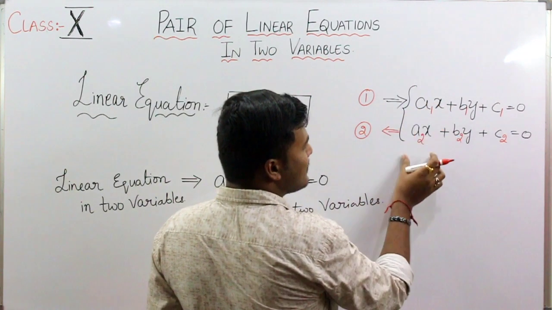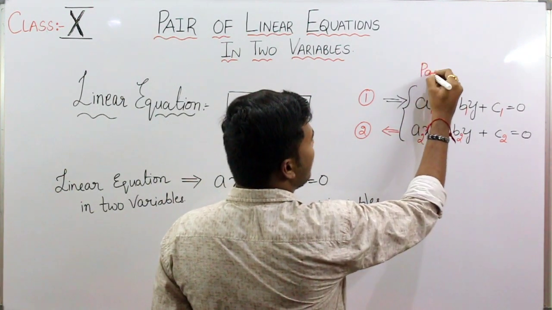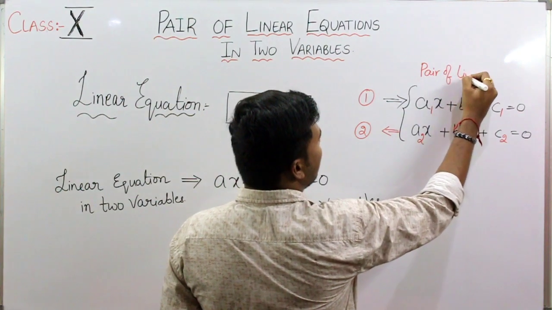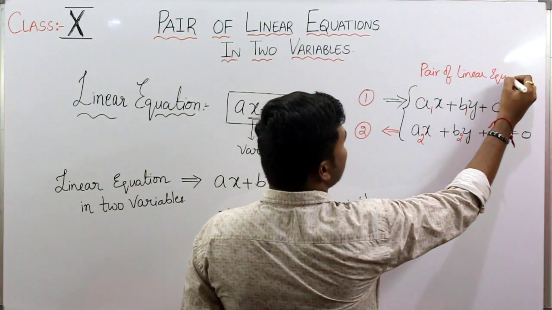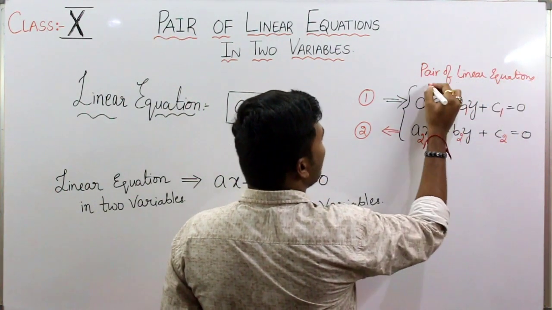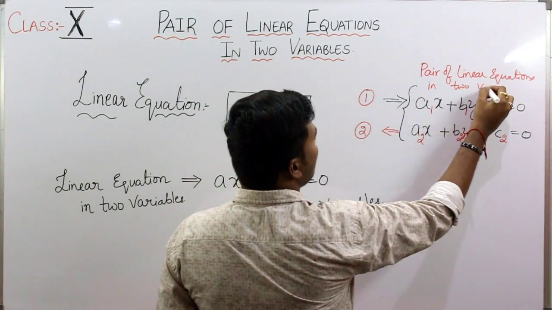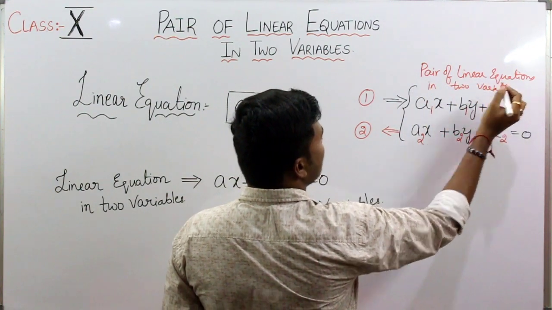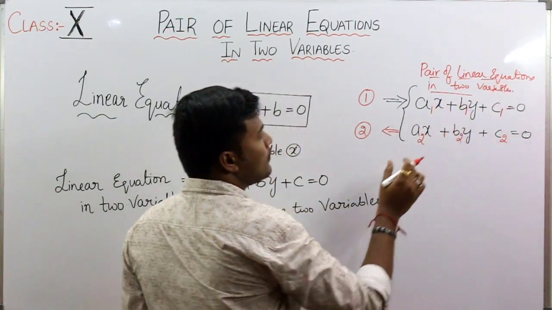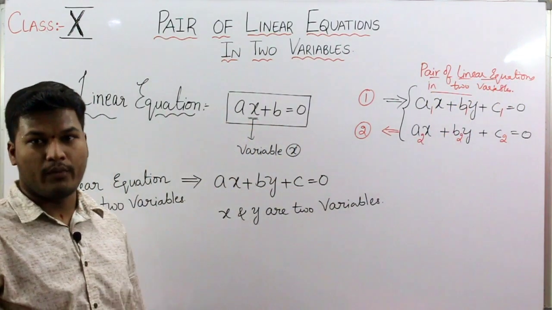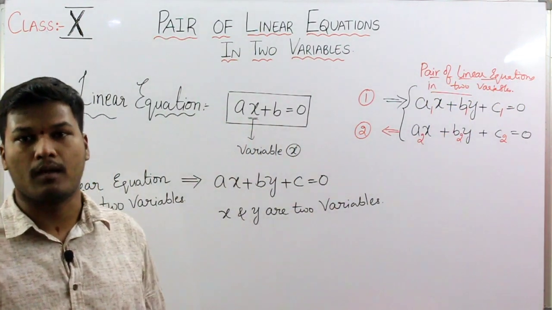Both together are called a pair of linear equations in two variables. This is how we got two linear equations in two variables.